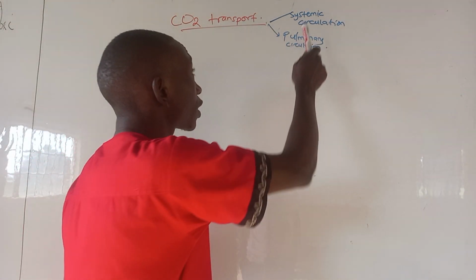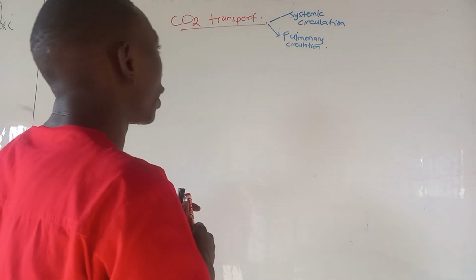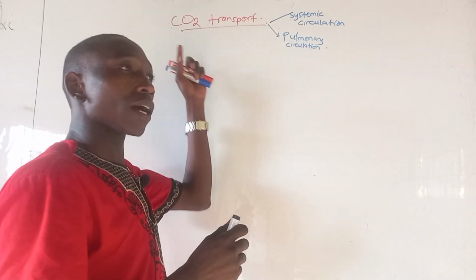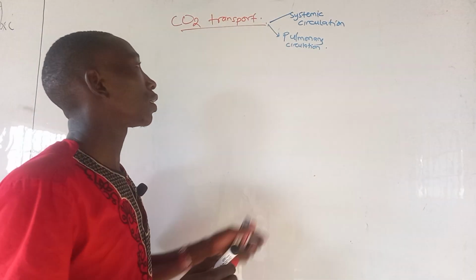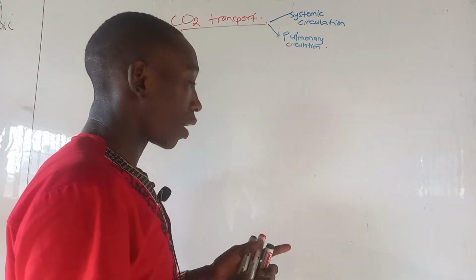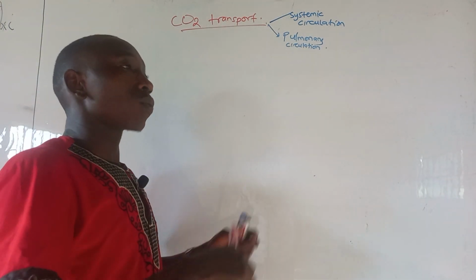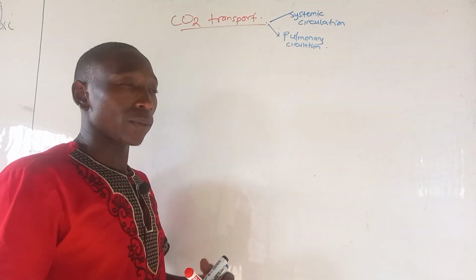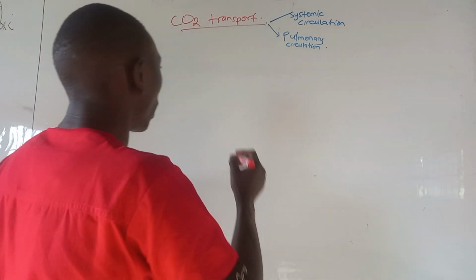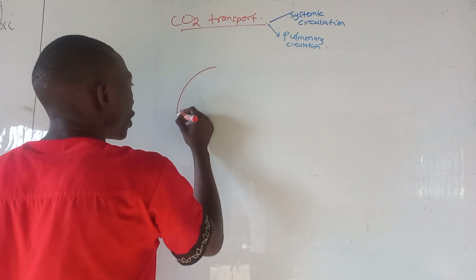So for me, strictly, I need to talk about the systemic circulation, and where we see that this carbon dioxide is being transported during that systemic circulation. That carbon dioxide is transported even within the red blood cells, as we are going to see. This is my red blood cell.